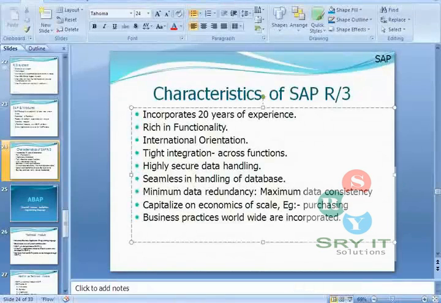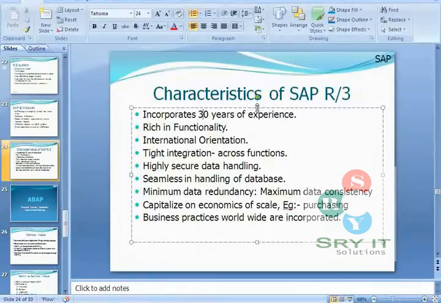All right. Now, SAP incorporates 20, now 30 years of experience, and it has rich functionality built in. They always say they are implementing innovative knowledge in SAP.